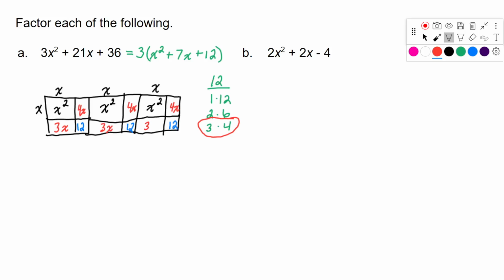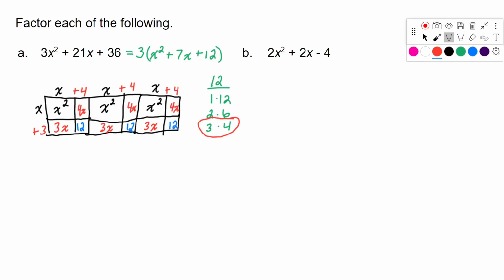And if they're both positive, then we get that positive 7x. So that means the 4 needs to be positive on each of them, and the 3 would be positive. And if I double check that, and I see that I wrote a 3 where I should have a 4, positive 3 times positive 4 is positive 12.